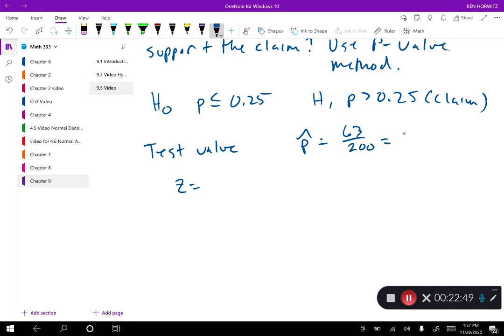That was right in the problem, which is 0.315. And our p equals 0.25, and our q equals 0.75. So let's use that same formula we did before. Pause the video for just a minute, and why don't you try working out our test value?